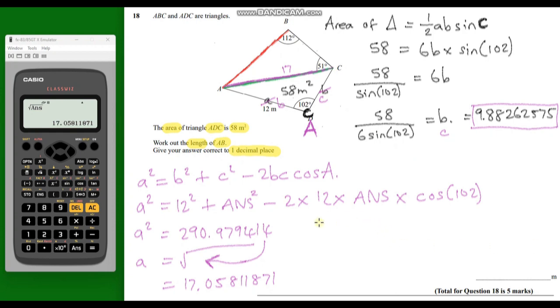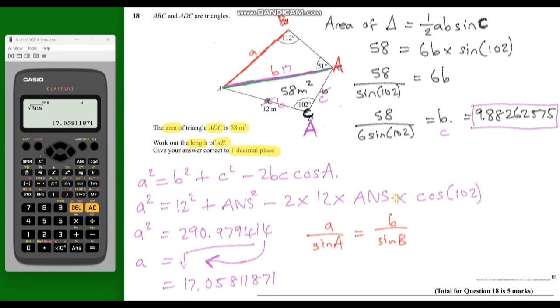So the sine rule states that a over sine A, and I will need to change my letters again, is equal to b over sine B. So now let's think about what a and b are. So if we call this a, this is angle A, and if we call this b, well, this is angle B. Oh, and that's quite nice because that is still B, so that hasn't changed.